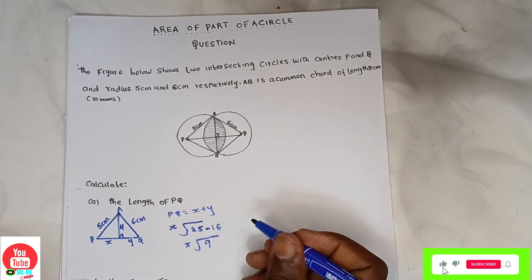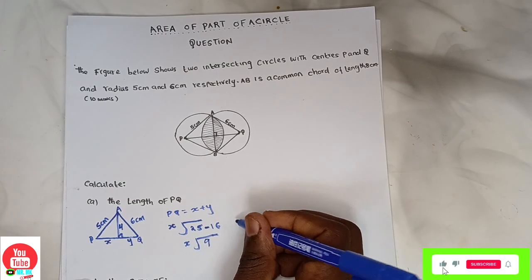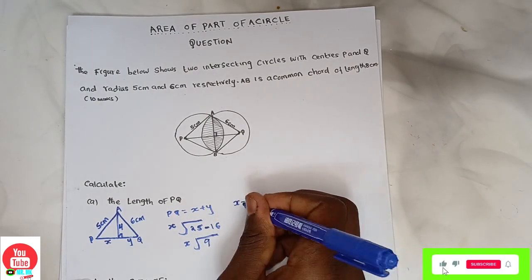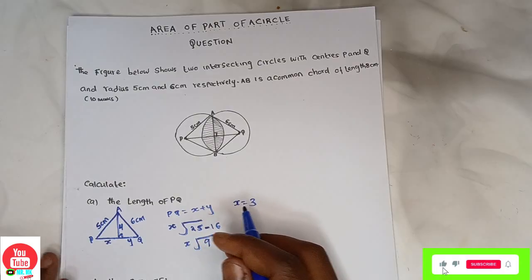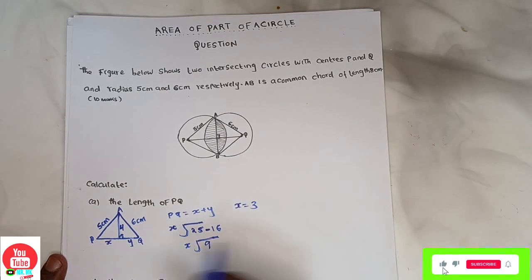The square root of 9 is 3. X is now 3. That is the first triangle.